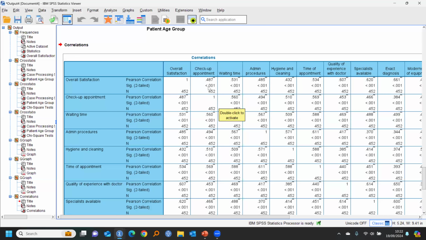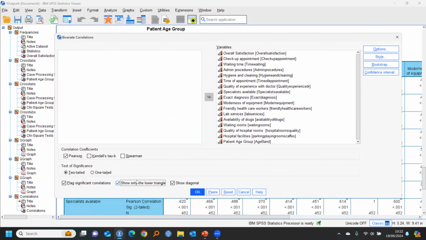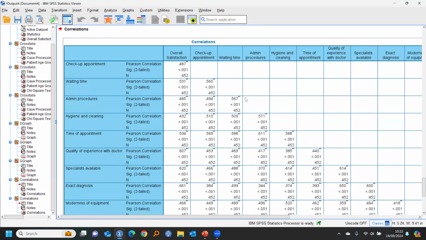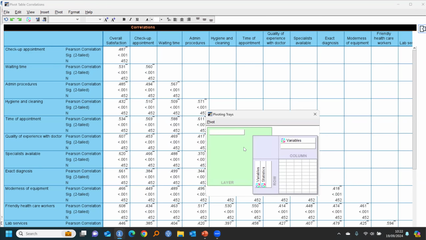We don't need either of these. We don't need it to repeat itself. So you can click back here and say, show only the lower triangle and don't show the diagonal. And immediately it gets a bit clearer. The next thing you can do is double click on it and use what are called pivoting trays. These are throughout all SPSS table output. You have pivot controls, and if you've got a lot of information in here, you can take things like the statistics and put them into the layer box here.